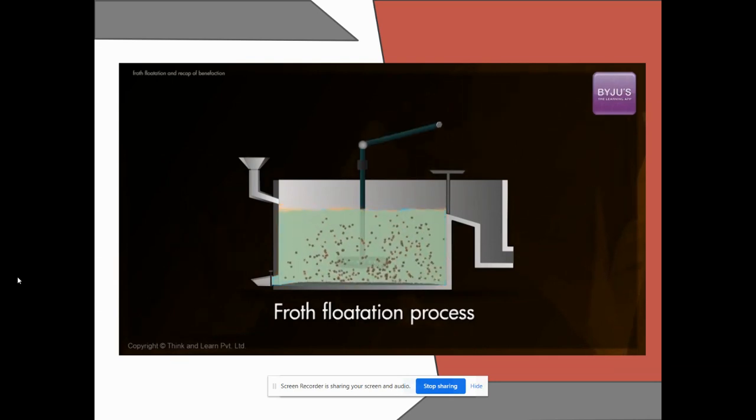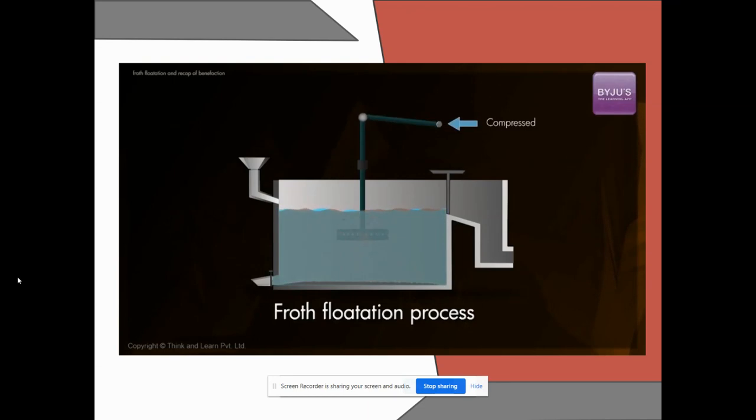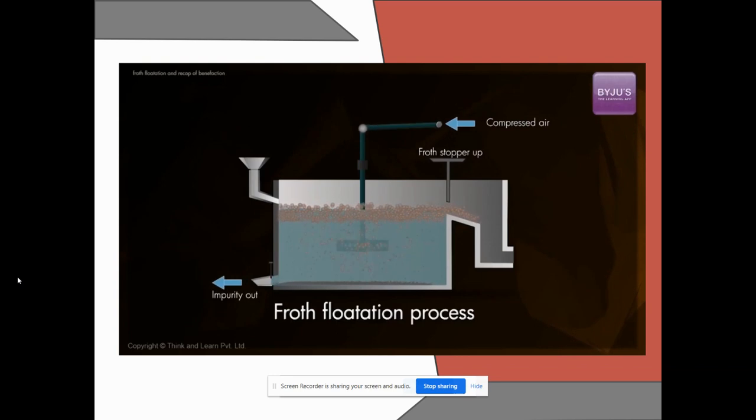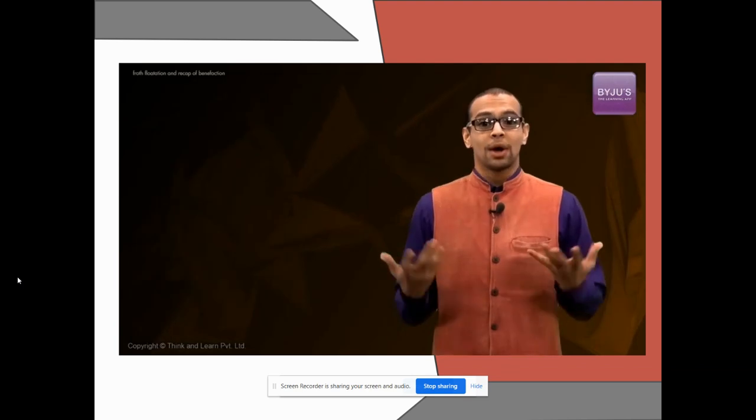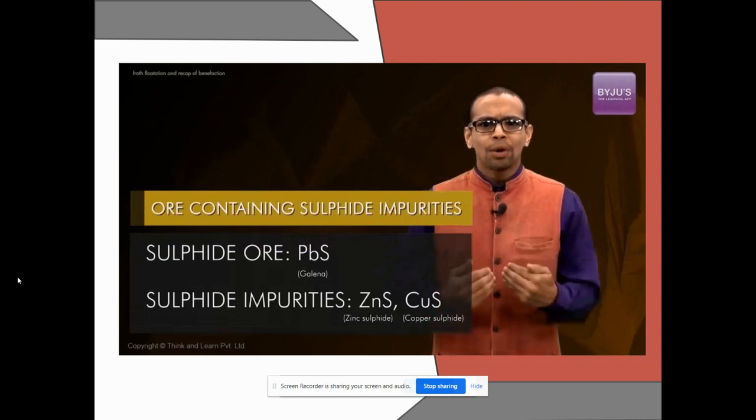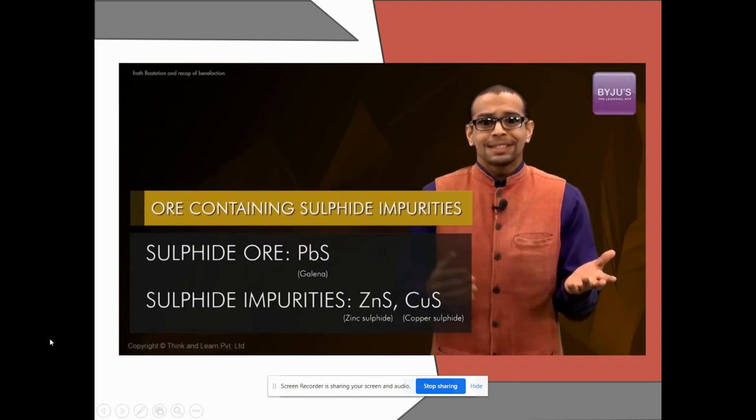On blowing air and agitating the mixture, froth bubbles are formed, and the sulfide ore gets attached to these froth bubbles and floats upward, carrying sulfide ore and collector with it, while the gangue and the impurities are left behind. Then the froth is skimmed away, dried, and in this way we get our concentrate. Next slide.